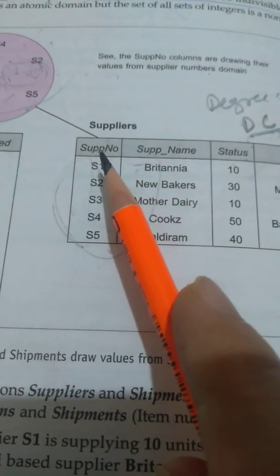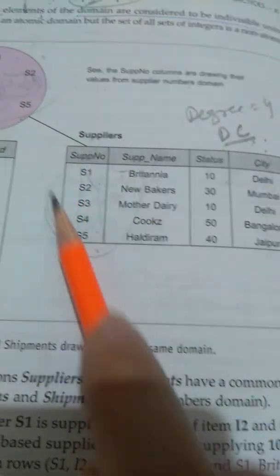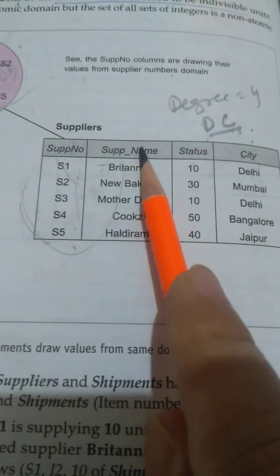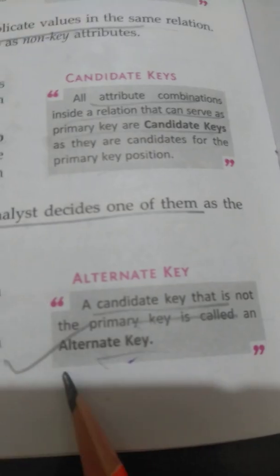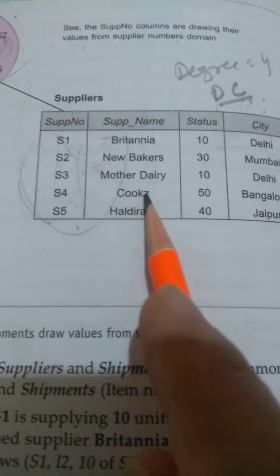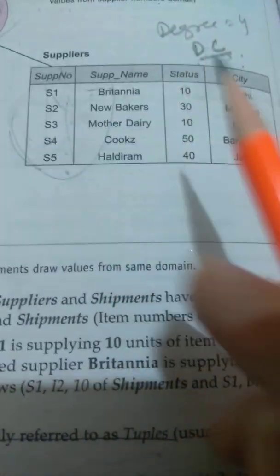So the database analyst will decide; suppose he takes supplier number as the primary key, then supplier name is a candidate key that is not serving as the primary key, so it will be treated as an alternate key.